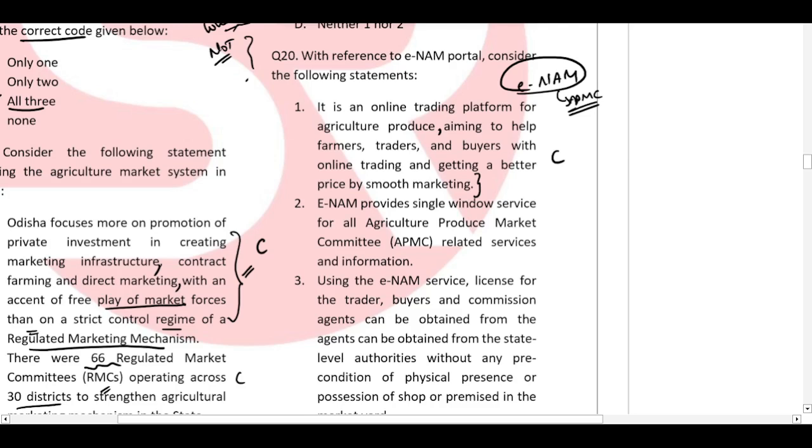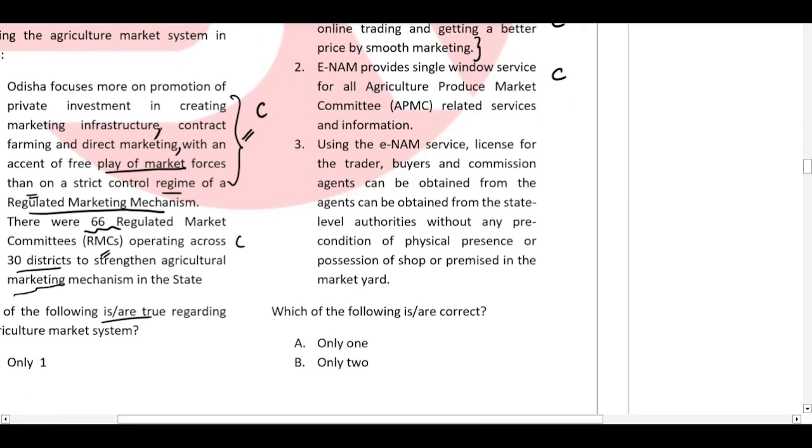eNAM provides a single window service for all the APMC related services and information. We just discussed that. So this is also correct. Using eNAM, licenses for the traders, buyers, commission agents can be obtained from the state level authorities without any precondition of physical presence or possession of a shop.